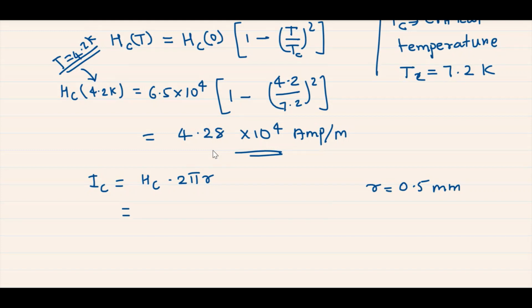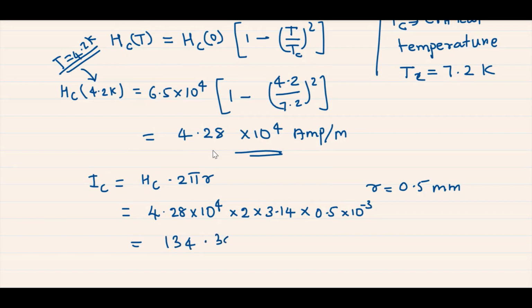So Ic equal to Hc, which we already found, 4.28 into 10 power 4, into 2 into pi. The pi value is 3.14 and the radius is 0.5 mm, and mm is 10 power minus 3. Do this, we get Ic equal to 134.39 ampere. Okay, Ic we got.